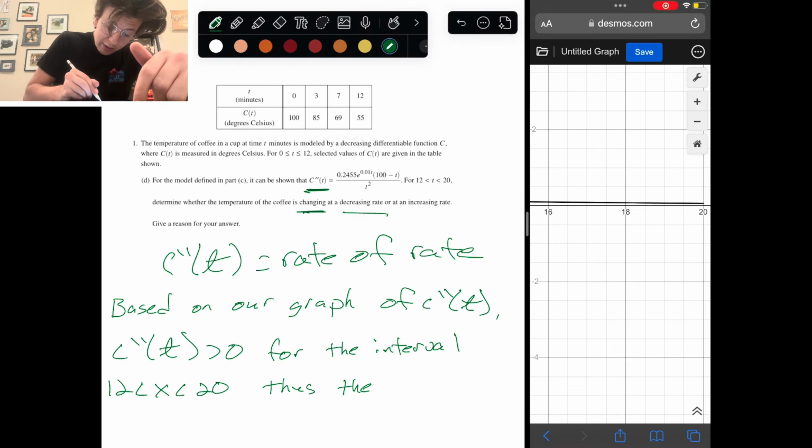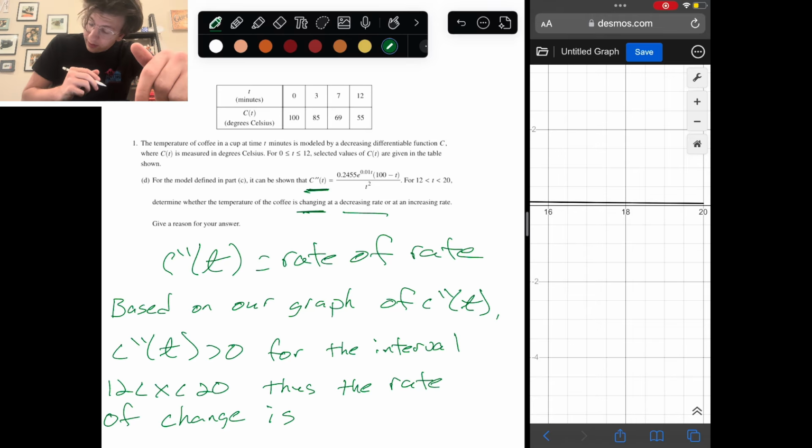Thus, the rate of change of the temperature is increasing.